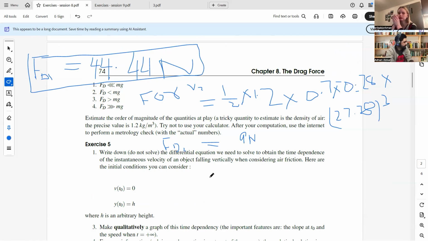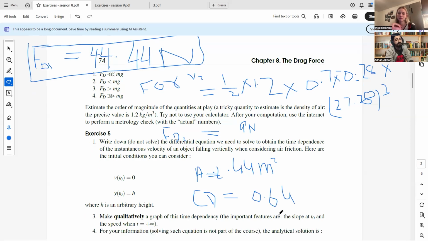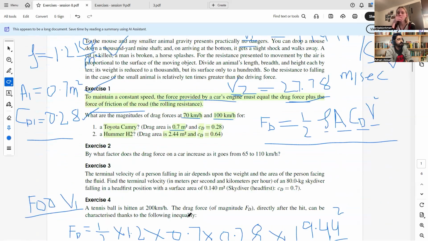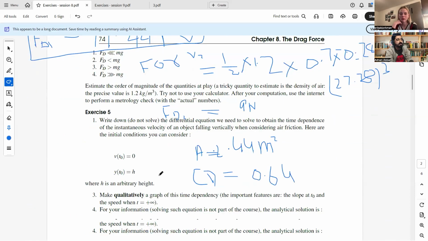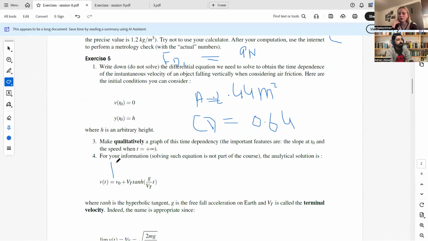For the second vehicle, the area A is 2.44 meter square, and its drag coefficient CD is 0.64. The remaining things are the same: the density of air, rho, is 1.2 kg per meter cube, and we will use the same formula.